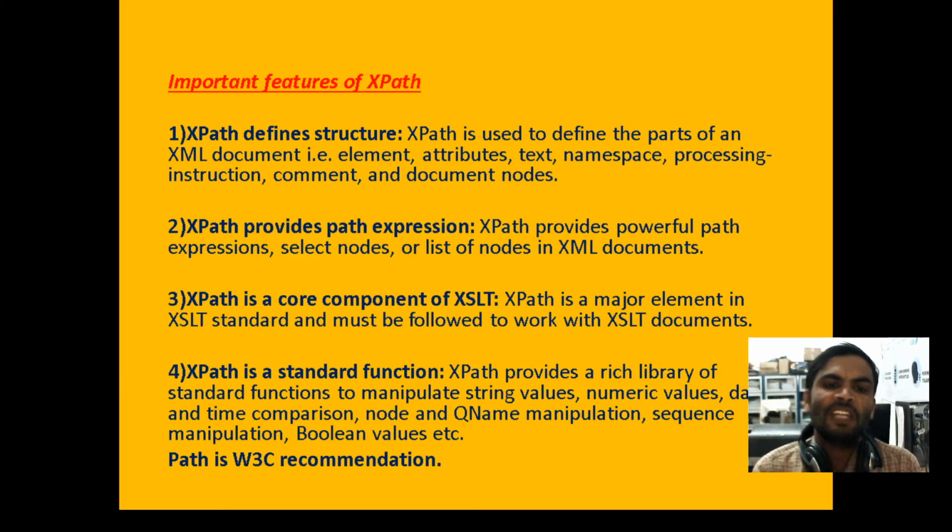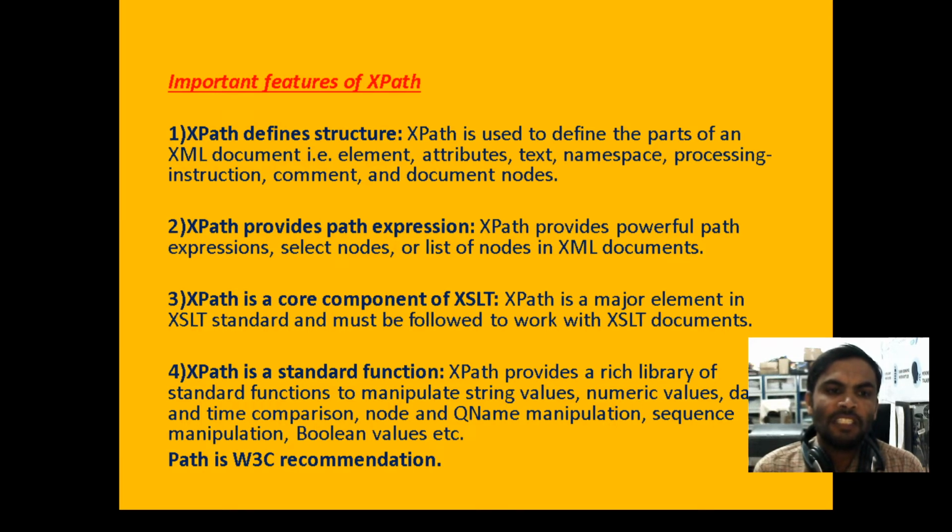For the elements we have attributes, and for the elements we have content or text. XPath is used to define the path of an XML document: the elements, attributes, text, namespaces, processing instructions, comments, and document nodes. These terms you already learned in the basics.